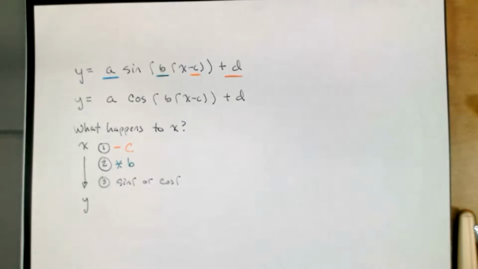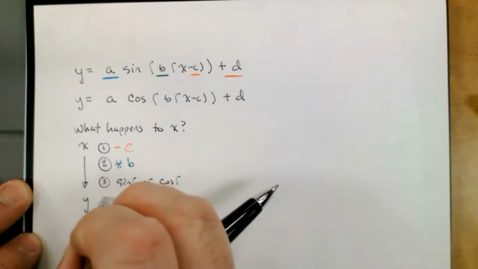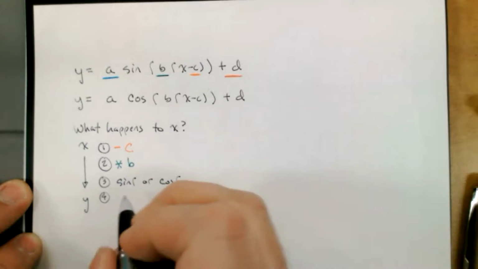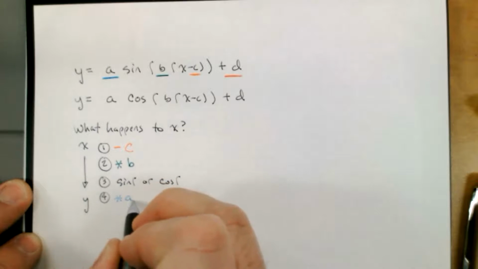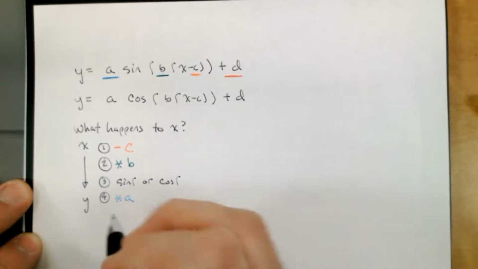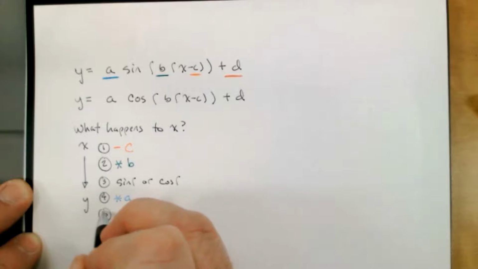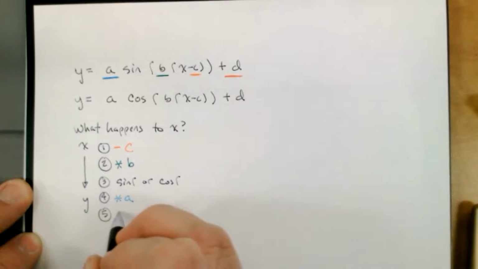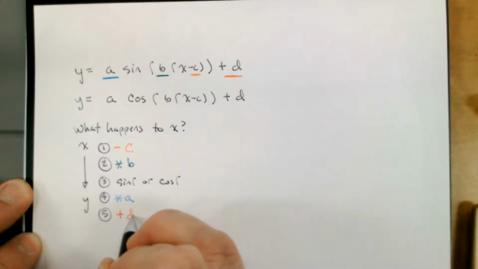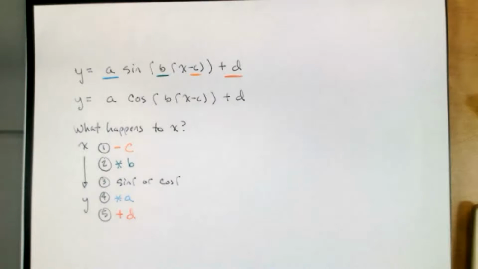Fourth thing that we would do, I have multiplication by A and adding D. The order of operations says do multiplication before addition. So the next thing is multiplication by A. And finally, the last thing we do is addition. So we have two operations before sine or cosine and two operations after sine or cosine.